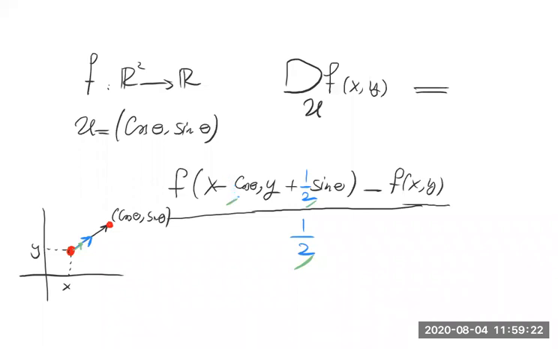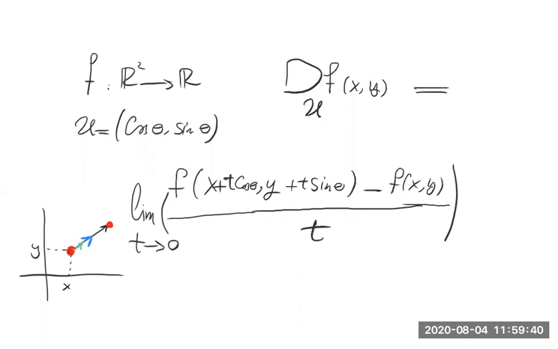I can walk in direction of u for a very short amount of time, say for t seconds, and divide by t, and I can assume t is very small. I can take the limit and send t to 0. That would actually be the rate of change in direction of u. So this is the way to compute this thing, the derivative in direction of u.